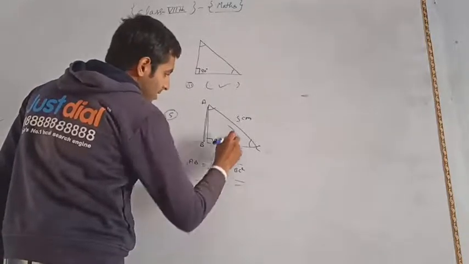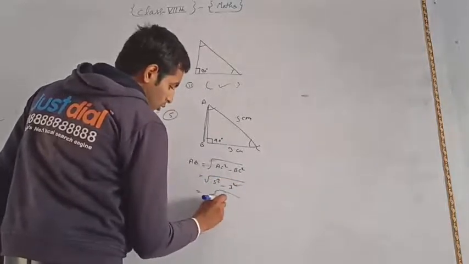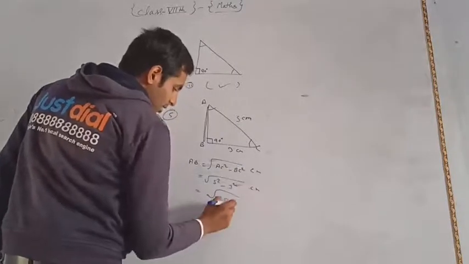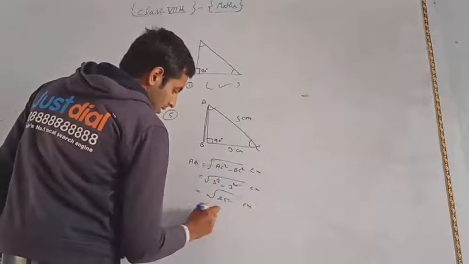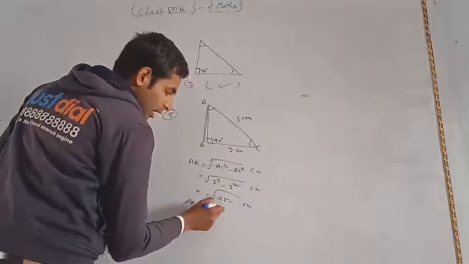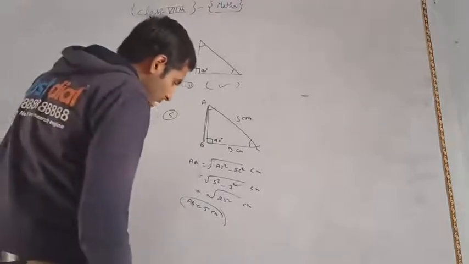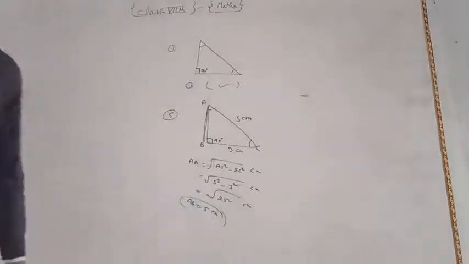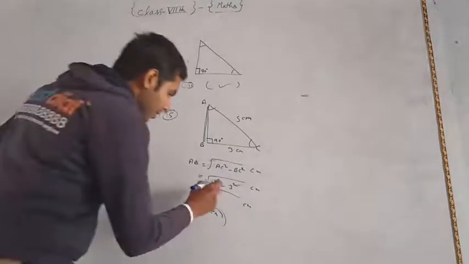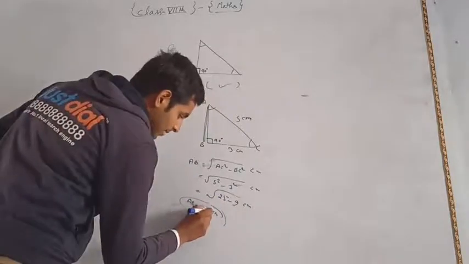Given that AC is equal to 5, then 5 square minus 3 square, oh sorry, here we have to subtract: 25 minus 9 is 16 centimeter.